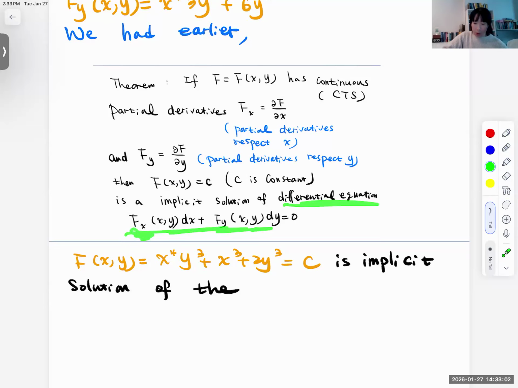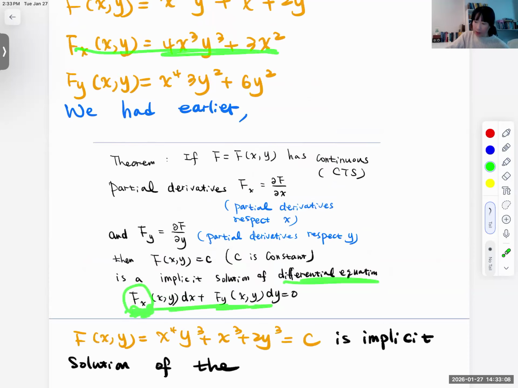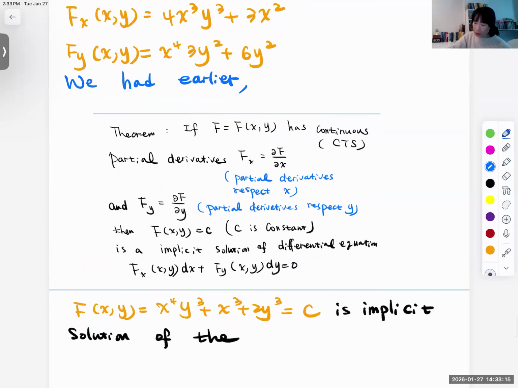So we knew the partial derivative with respect to x. This is the same as, yeah, I can just write it out. I can see that right there.